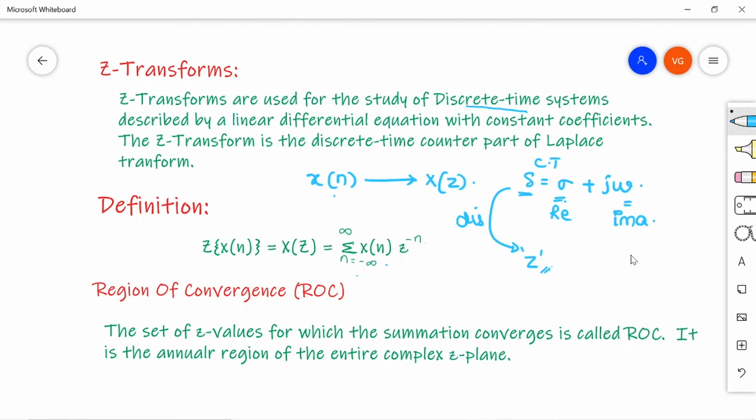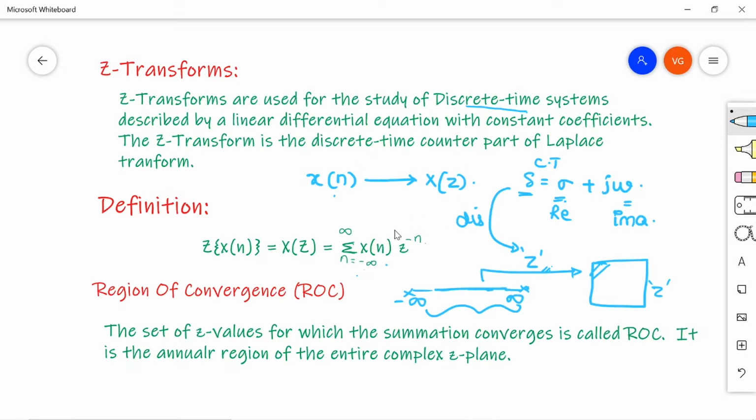That is, the signal x of n is extended from minus infinity to infinity. Whatever it may be, the signal that is extended from minus infinity to infinity, the whole plane is converted into the Z plane. The full signal is converted into the Z plane.